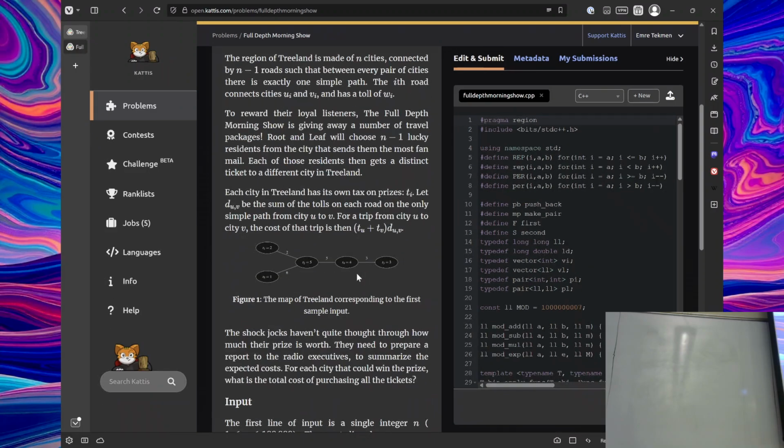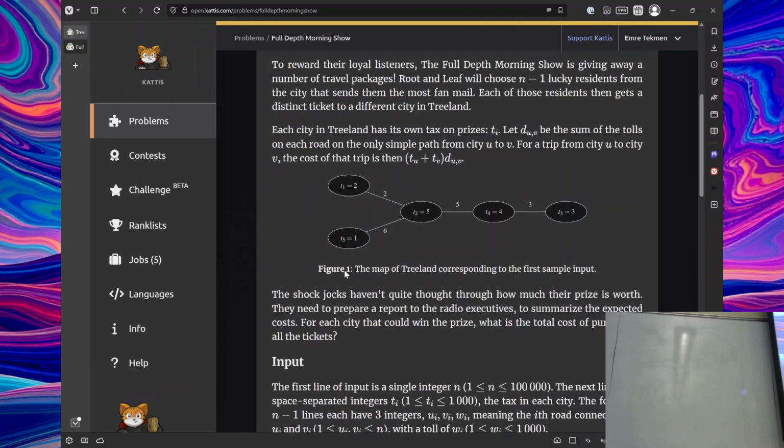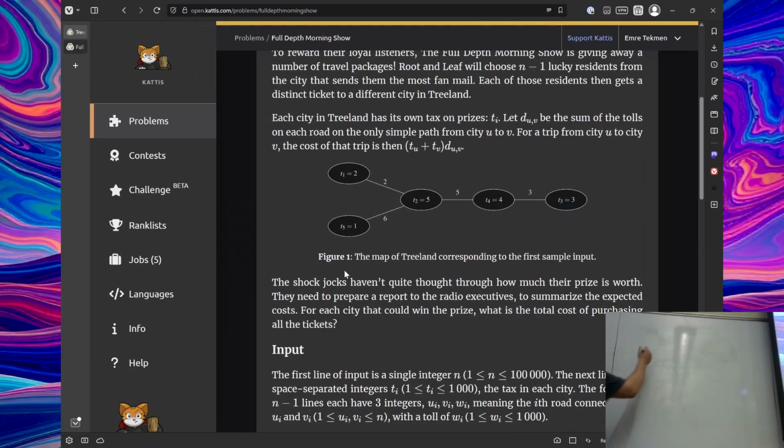Let me draw the example on the board, actually. A good example. So we have 2, 1, 1, 1, connected to 5, 2 and 6.